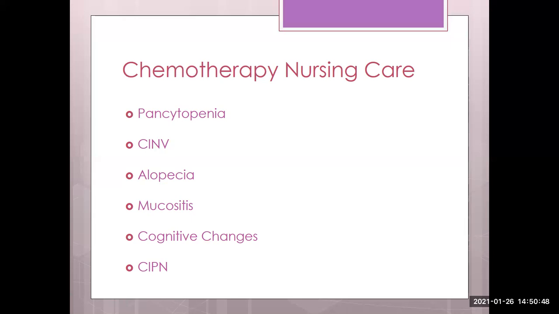No straight edge razors, they should be using electric razors. They should watch out for any type of activity that could cause bruising, like contact sports or activity. They usually are not taking any type of aspirin or antiplatelet or anticoagulant because their count is already so low.